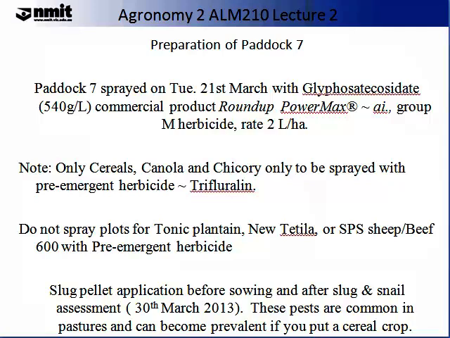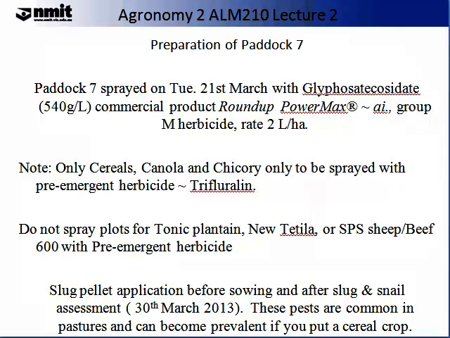The commercial product is supplied at 540 grams per litre. Note, only the cereals, canola and chicory were sprayed with the pre-emergent herbicide triflufan. We did not spray the tonics, the new tetea or SPS sheep beef 600 mix with the pre-emergent herbicide.